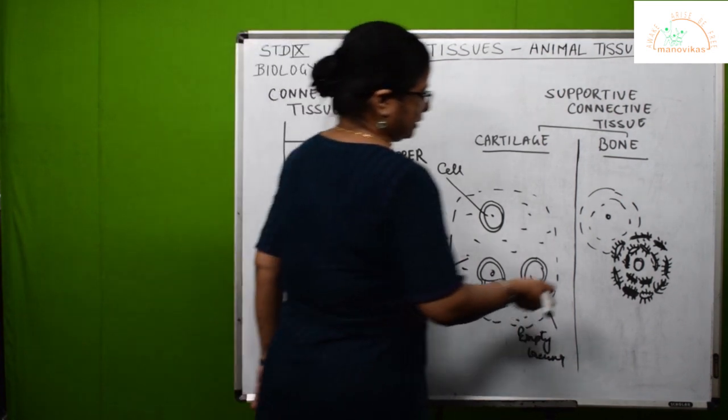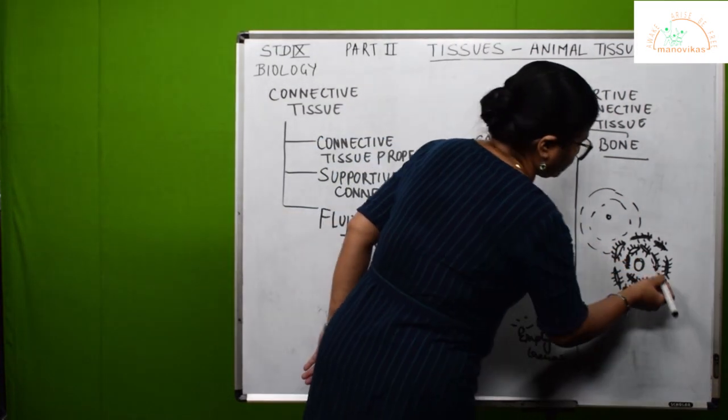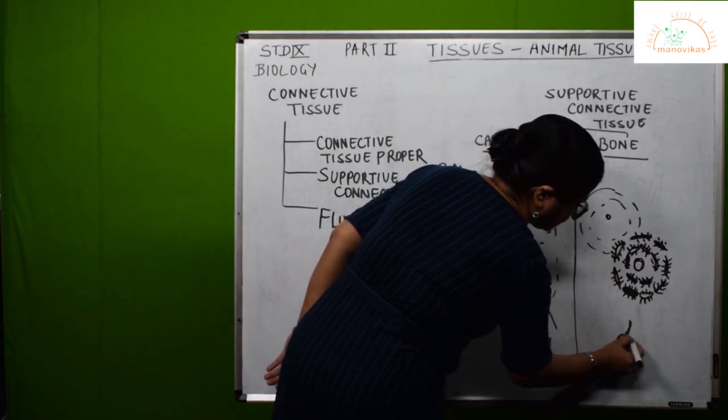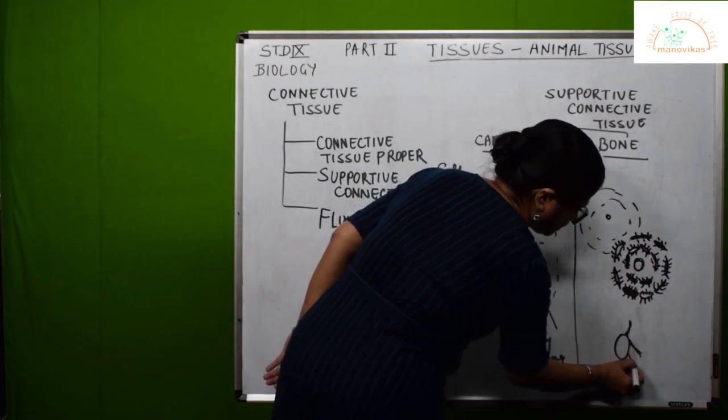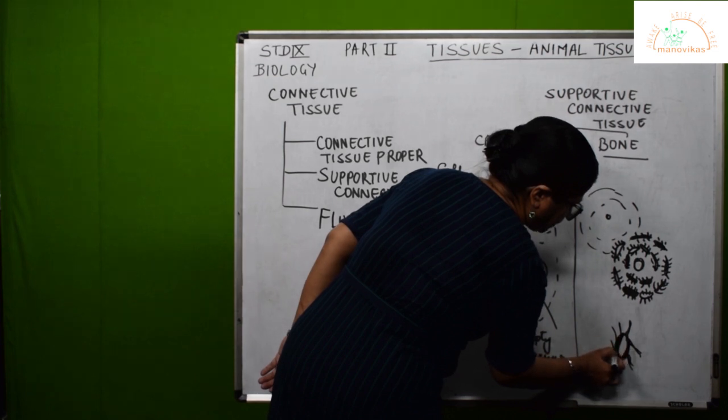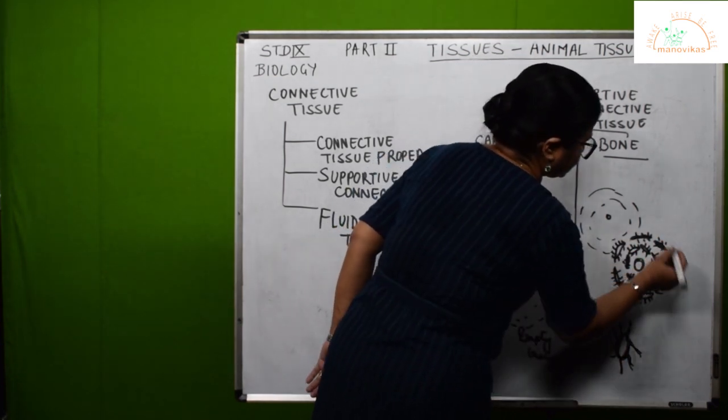Now let us look at the bone. So these are the cells, bone cells. If you look at one, it will be something like this. Like this. Here you can see these concentric lamellae.